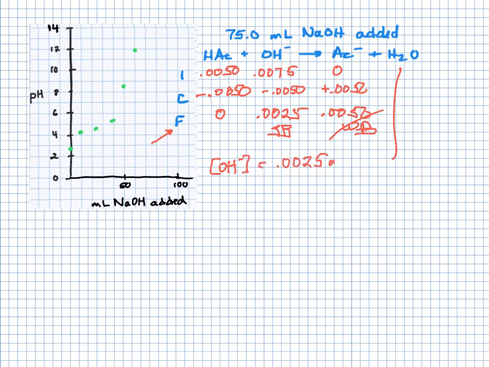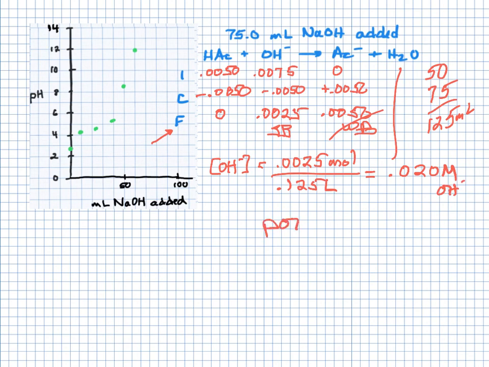And the concentration of my OH minus is 0.0025 moles divided by the total volume, so the 50 I started with and the 75 I added, so 125 milliliters, or 0.125 liters. And we should have 0.020 molar OH minus.